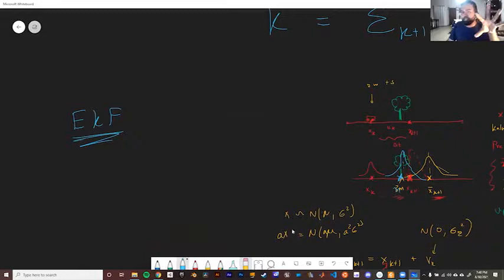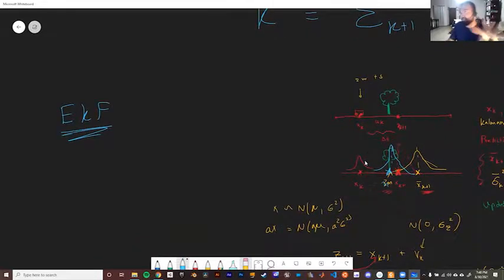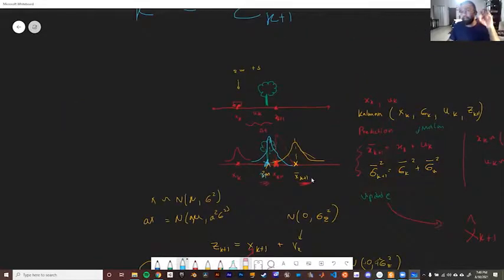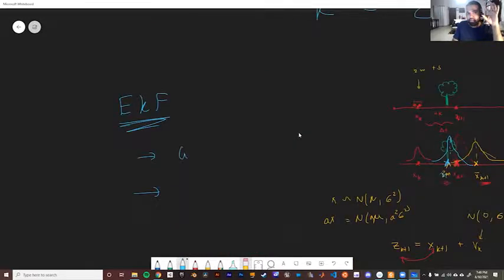All these systems, like the motion model as well as the observation model, are all linear. But out of these assumptions, number one, Gaussian, number two, linearity, this Gaussian assumption is a reasonable assumption to make, because most sensors behave in this way. But the linearity assumption is a very bad assumption to make.